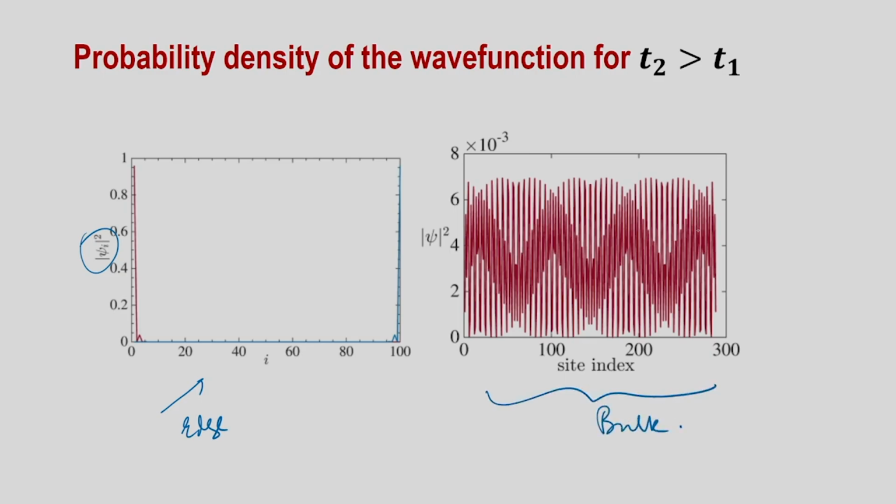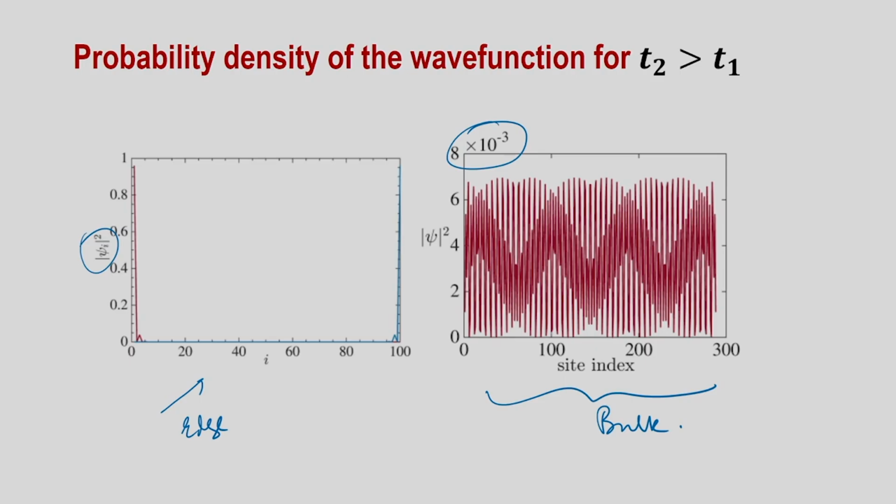The bulk is extended, like a metallic bulk, or extended states, and these edge states have high weights, whereas the bulk states have almost the same weight everywhere. It is 10 to the power minus 3, which means it is a very small weight for all the bulk states, whereas at the edges it is almost equal to 1, which means that bulk and edge behave differently, and this is called the bulk edge correspondence.